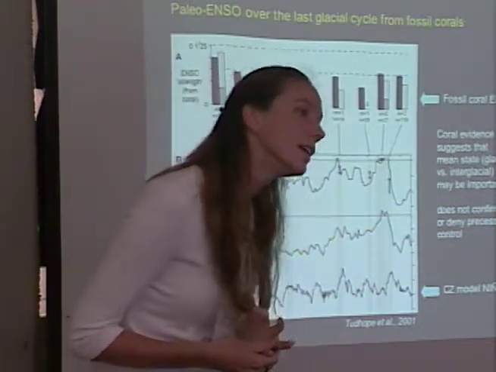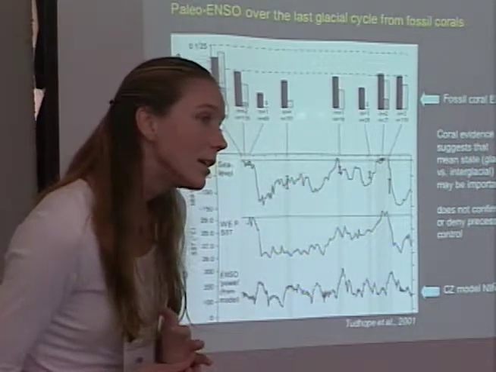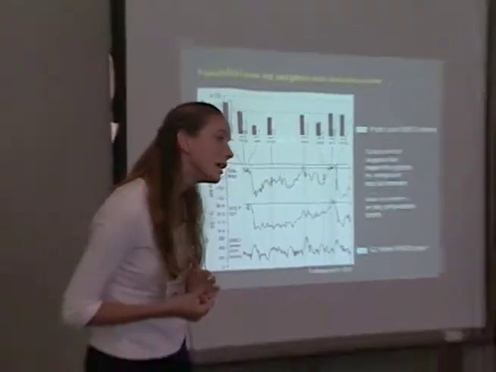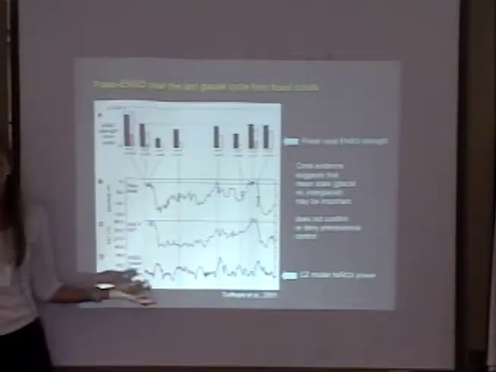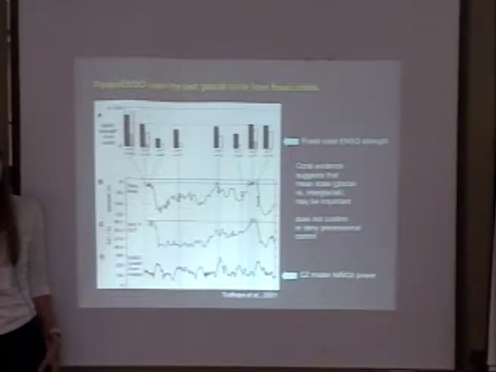Yeah? One of the most interesting predictions to me of that work was that ENSO should be more powerful at glacial maximum than under present circumstances. Is that the correct interpretation of the lower set of data from the Cane-Zebiak model? Yes. Well, I think that depends what you call the glacial, of course. At LGM. LGM, right.